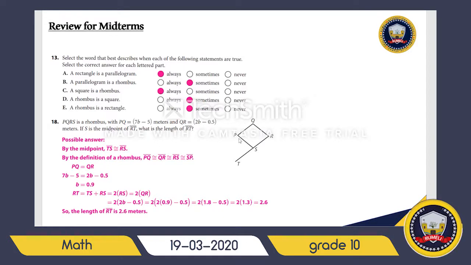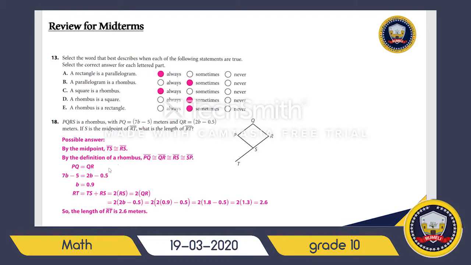Now, look, RT is equal to TS plus RS. Since S is in the middle, then RT equals 2RS. We are dealing with the rhombus, then RS is equal to QR equals QP equals PS. So RS equals QR.